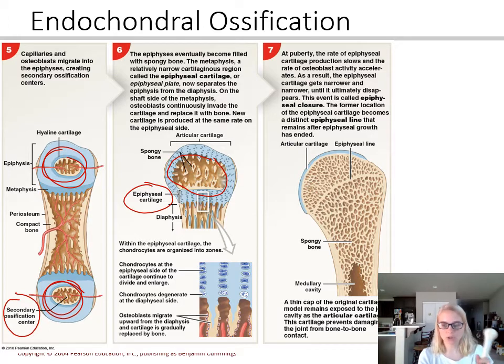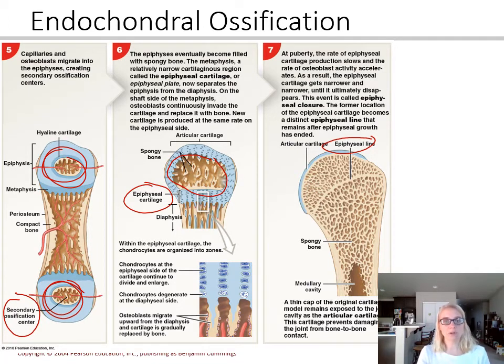Once you are mature, the epiphyseal plate closes, there's no more cartilage, and all you have left is a remnant of that growth plate, which is now called the epiphyseal line. So that's the closure of the bones. I believe in chapters 7 and 8, probably 8, because that's where your appendicular bones are.